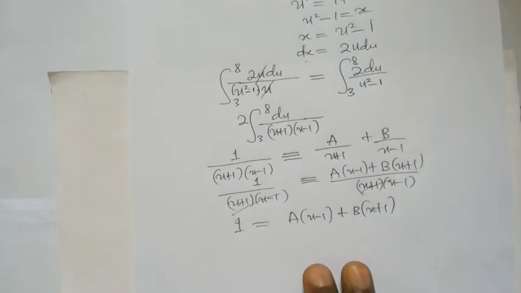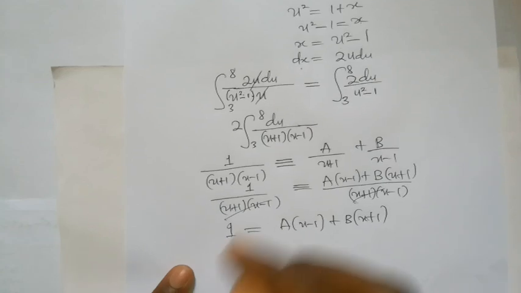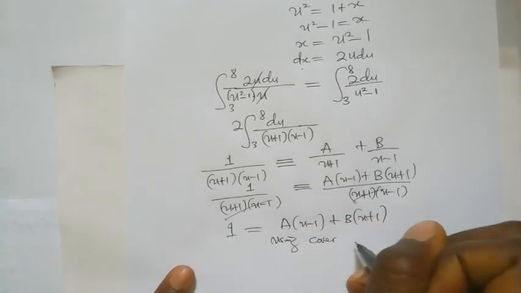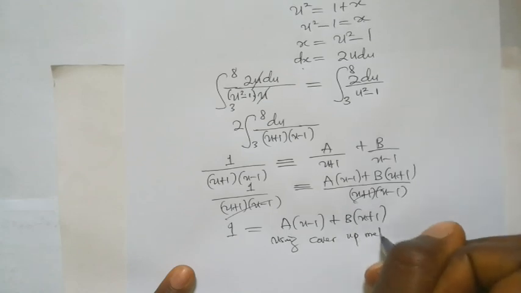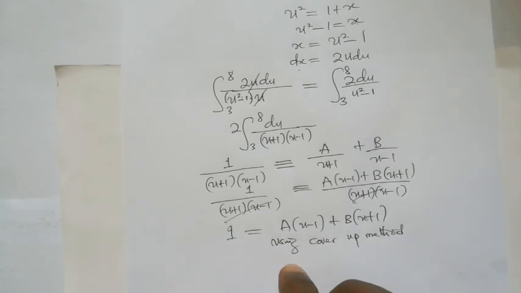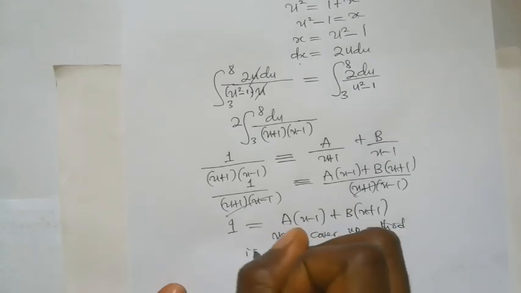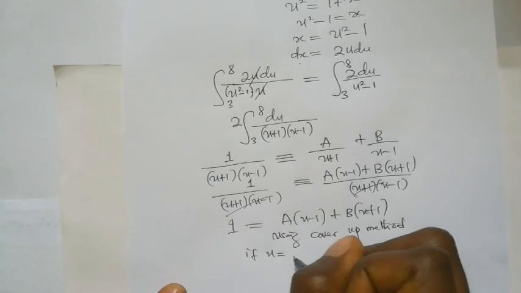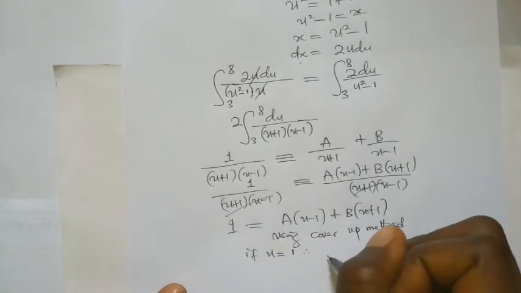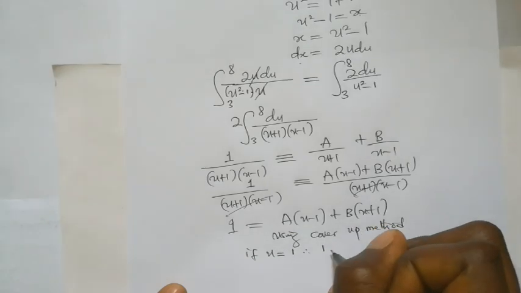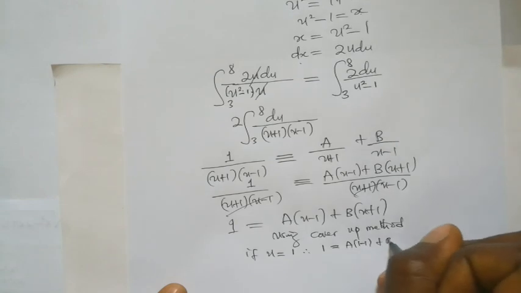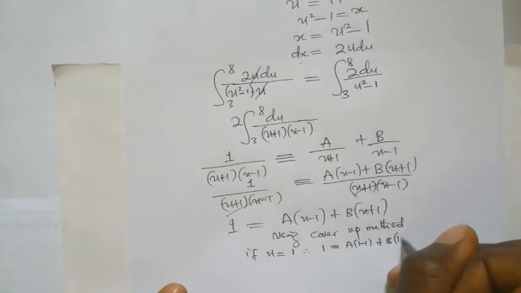So using the cover-up method, that is to say, if u is equal to 1, therefore we are going to have 1 is equal to A bracket 1 minus 1 plus B bracket 1 plus 1.